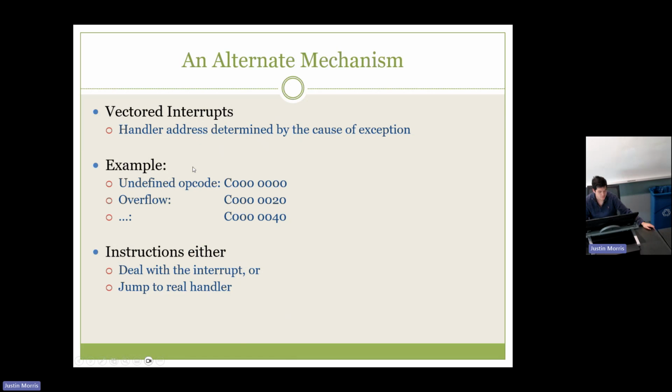What these handlers are going to do is either deal with the interrupt and maybe resume execution, or jump to a different handler. And maybe that handler will be the process that kills the original process, if that is the case.